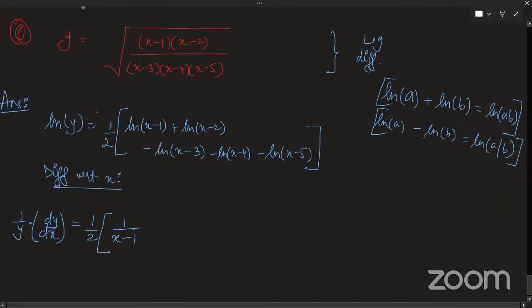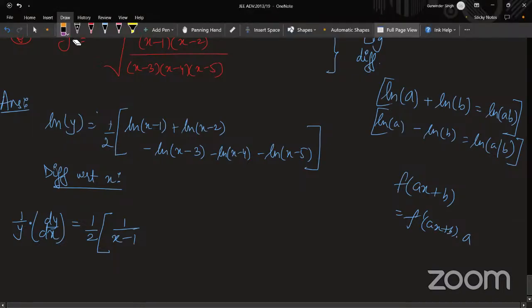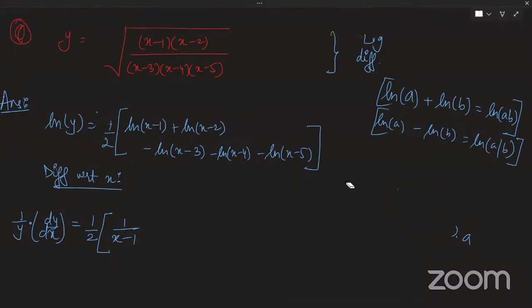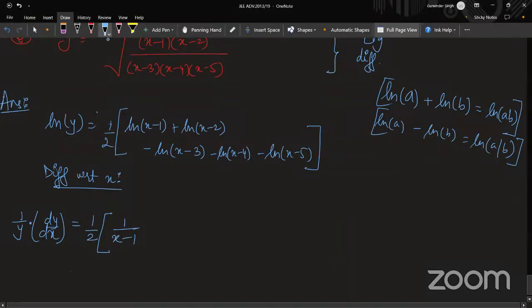See, we had discussed this earlier also, if you remember. I had told you that if you have any linear function of x, we can just directly take f dash of ax plus b and then multiply it by a. So over here, your a is 1, right? Your a is equal to 1. So that is what we are doing. So I can just directly write it as 1 by x minus 1, right?